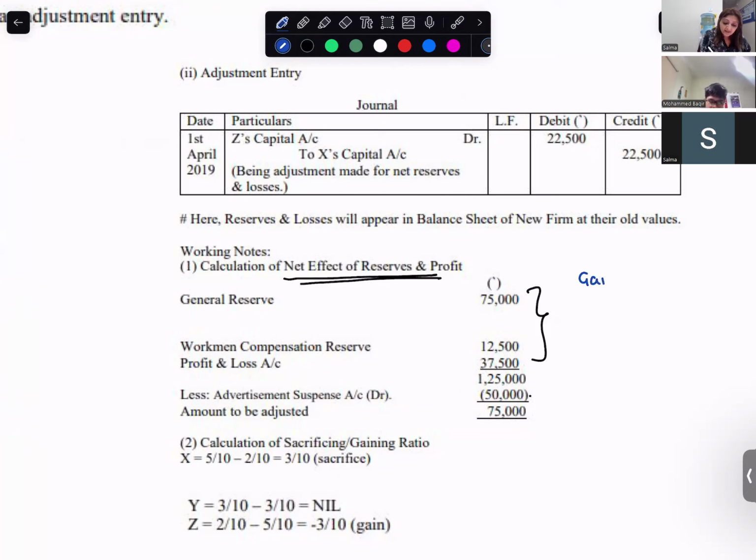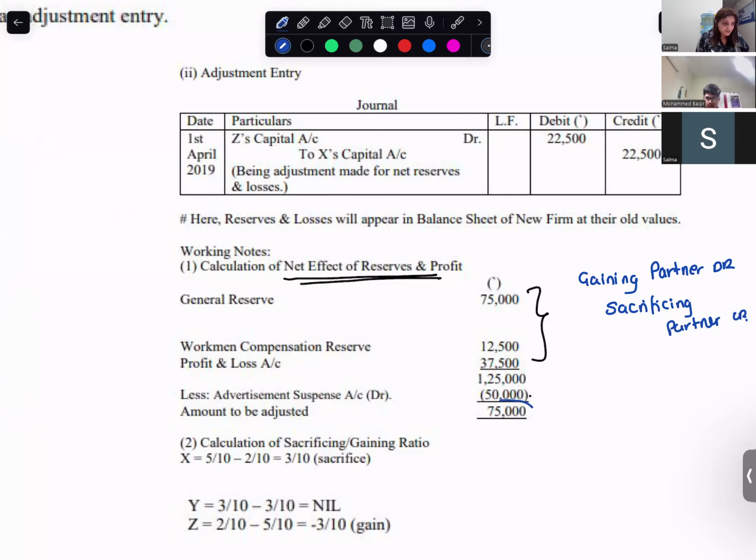So what will be the entry? You can write along with me. It would be gaining partner debit, sacrificing partner credit. That means you need to know the gaining ratio and the sacrificing ratio. Are you with me? Yes, ma'am.